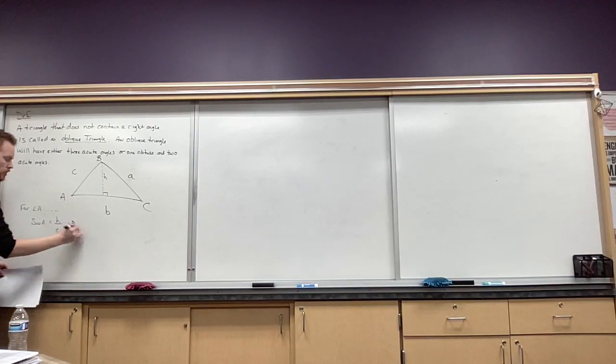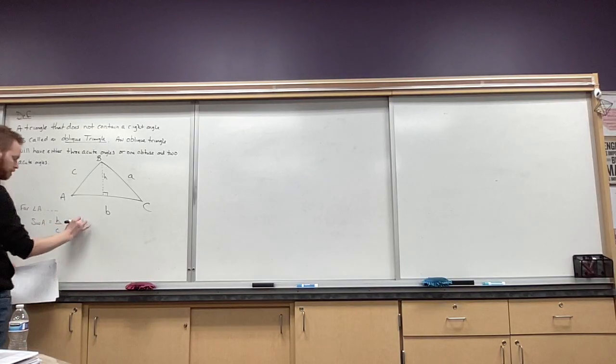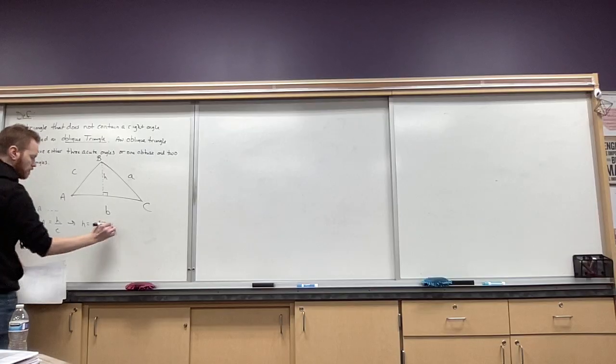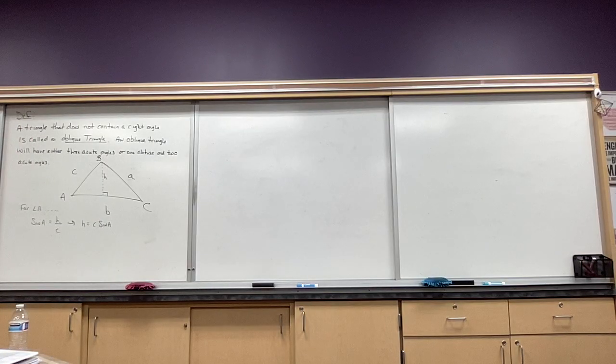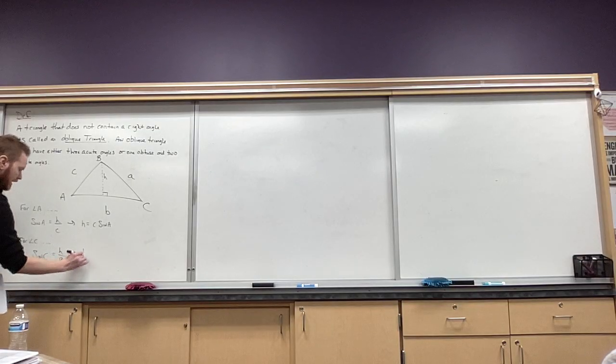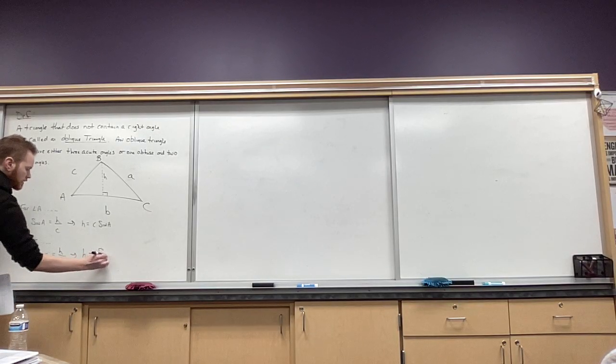Now, if I solve for h, just multiply both sides by c. h is equal to c times sine of A. I'm going to repeat the process for angle C. So for angle C, we have sine of C is equal to h over a. I'm looking at the right triangle on the right-hand side. And then again, solve for h. I get h is equal to little a times sine of angle C.